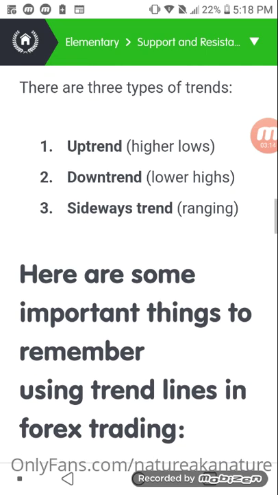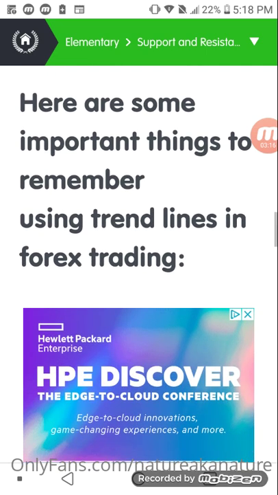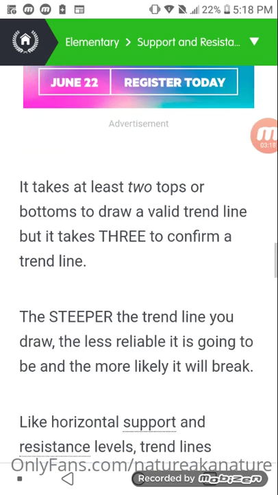Here are some important things to remember when using trend lines in Forex trading. It takes at least two tops or peaks, and at least two bottoms or valleys, to draw a valid trend line. But it takes three to confirm that trend line.